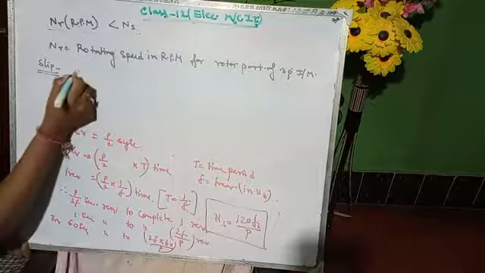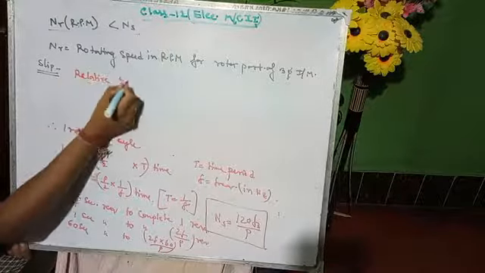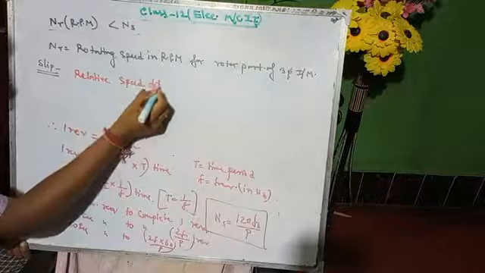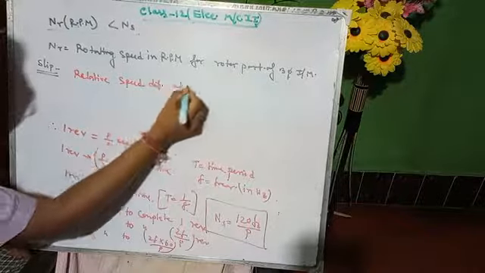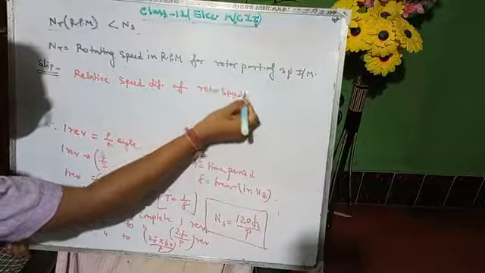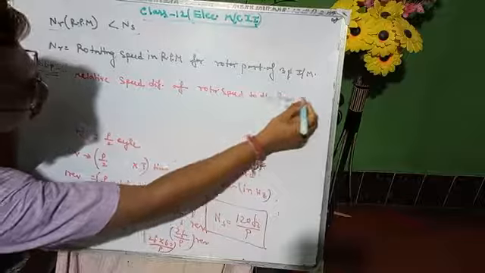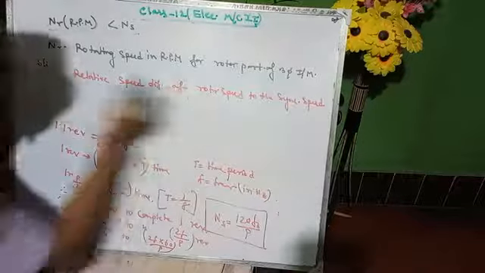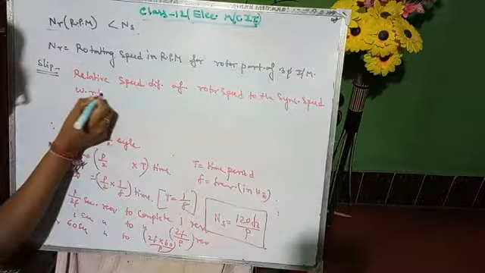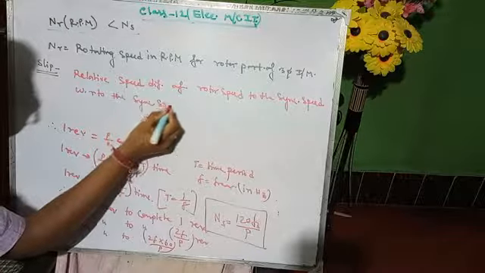That is the relative speed difference of the rotor speed to the synchronous speed, with respect to the synchronous speed of the motor.